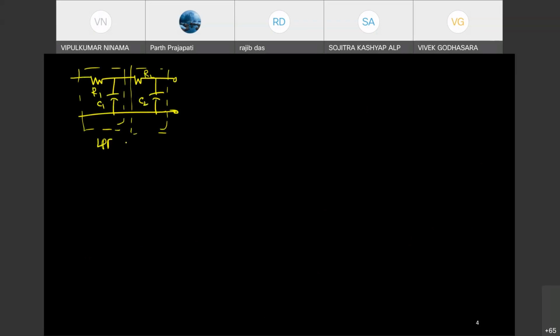So this is low pass, again low pass. So this will be a second order low pass filter. Right? Similarly, you can go for higher order low pass filters, just cascading these RC blocks. And you will get a sharper cutoff if you increase the order.